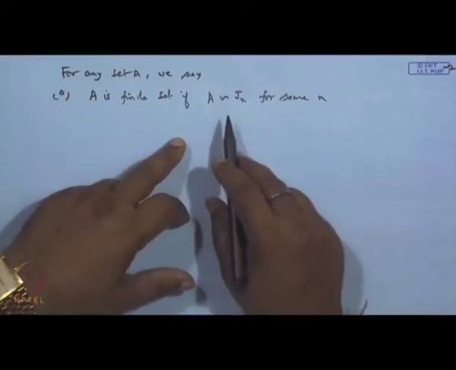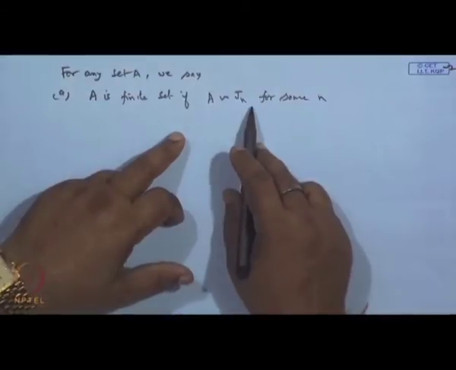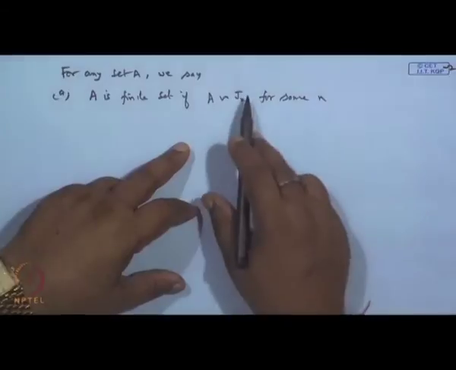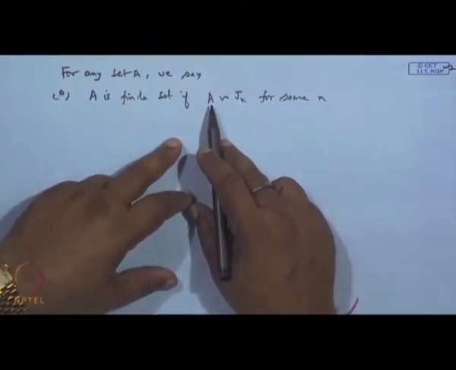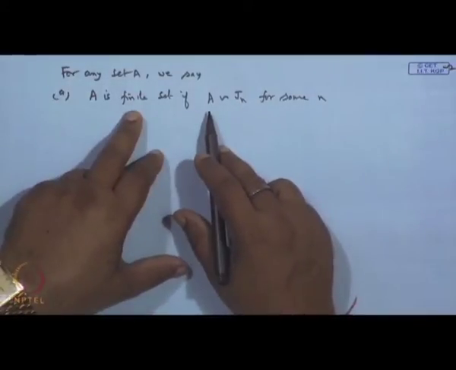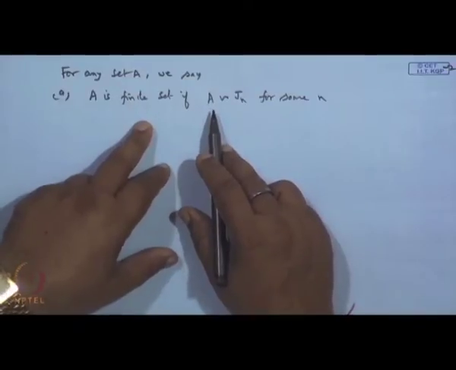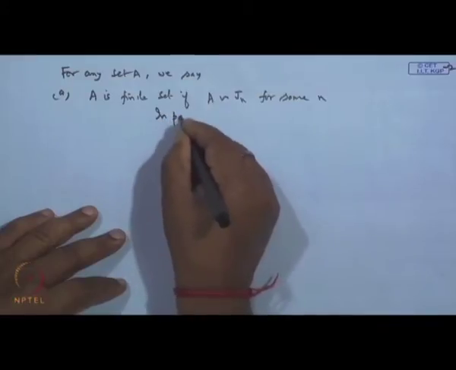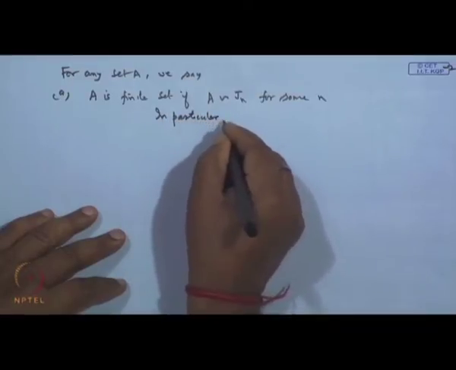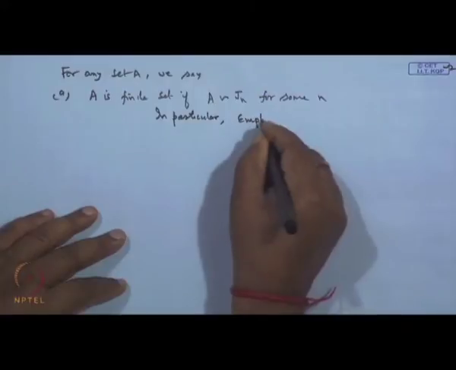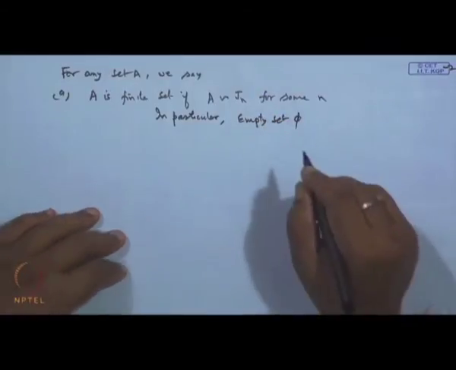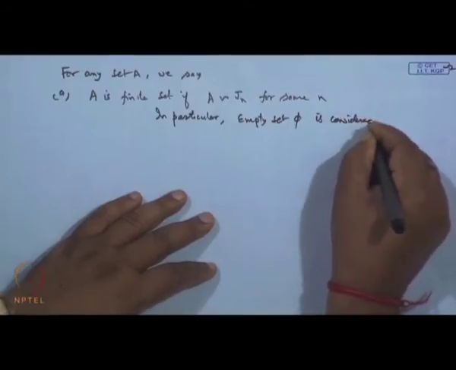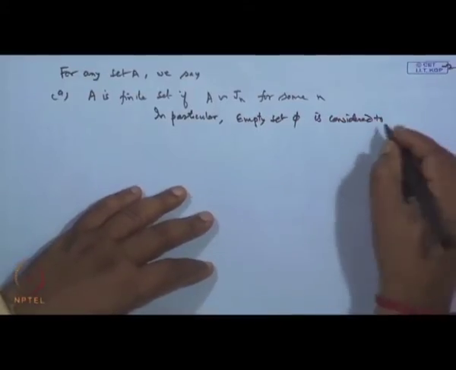Obviously, once it is equivalent to some J_n, then n is fixed. So, J_n is finite, the number of terms is n only. So, A will also be finite by one-to-one correspondence. The empty set phi in particular is considered to be finite.